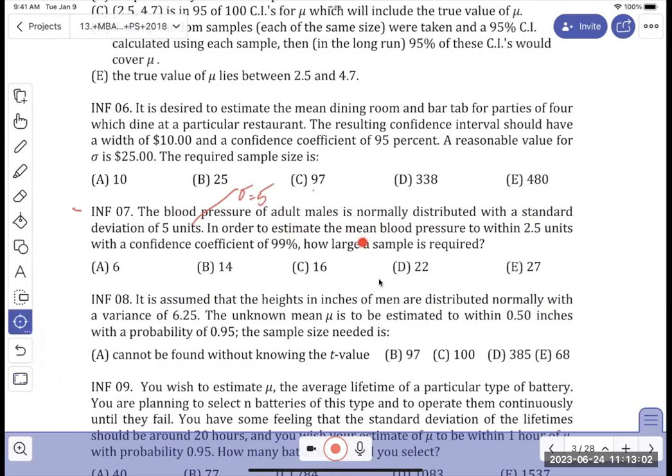In order to estimate the mean blood pressure to within 2.5, so what is 2.5? Within 2.5 units, confidence level 99%.